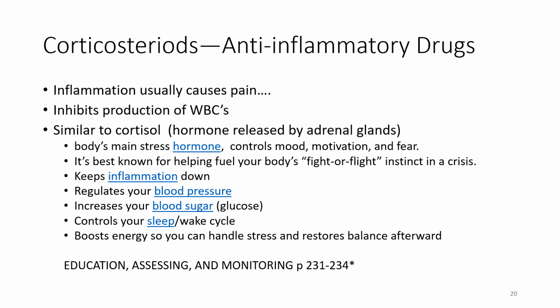So think about it: if they already have a low immune system and we give them these corticosteroids, then we're going to further deplete that production of white blood cells. So we're putting them at an even greater risk for infection. So in saying that, this would also lead you to think about your patients who have some type of bone cancer, the bone marrow production, because this is where we get our white blood cells, okay?